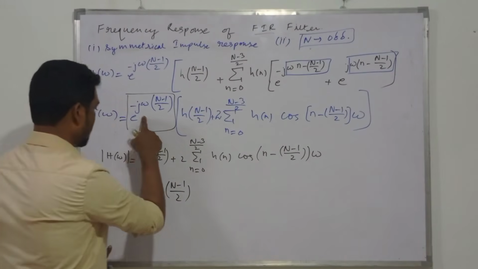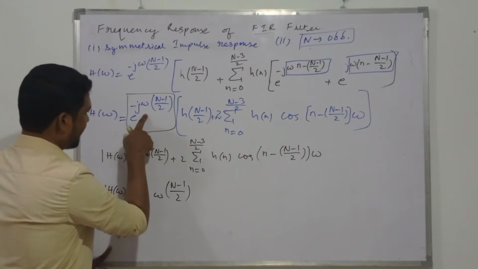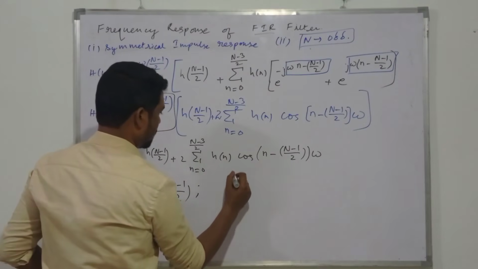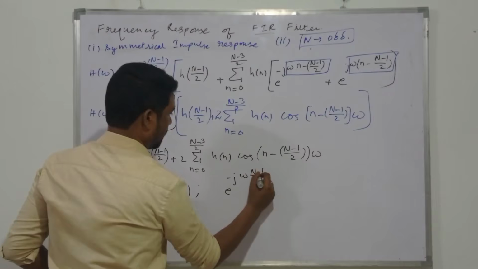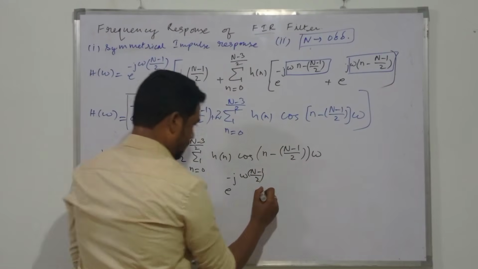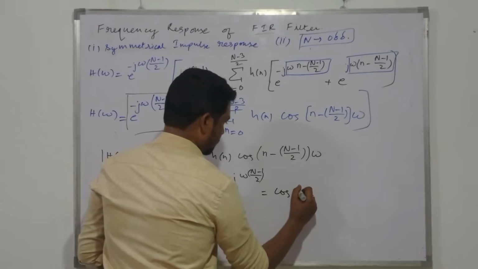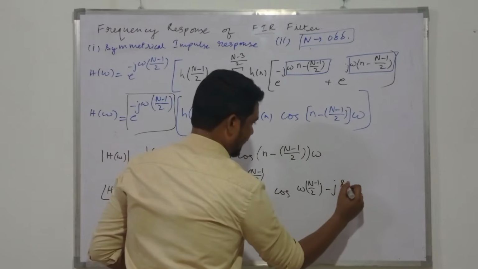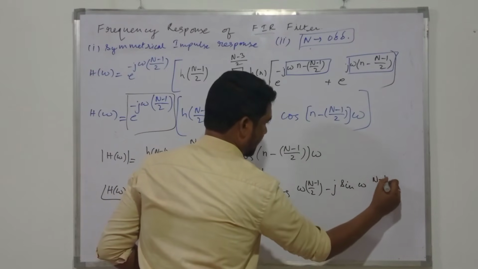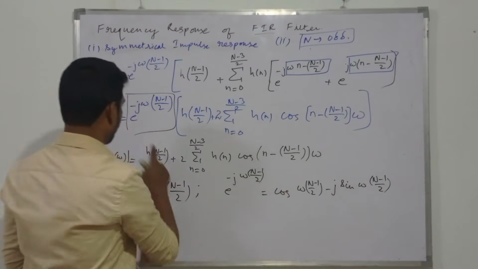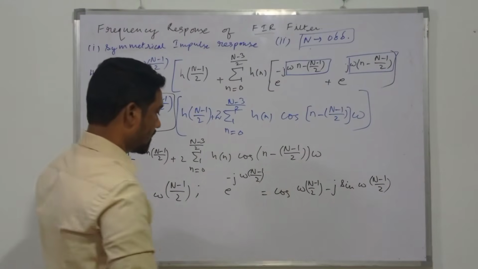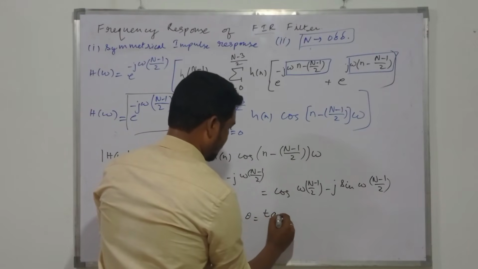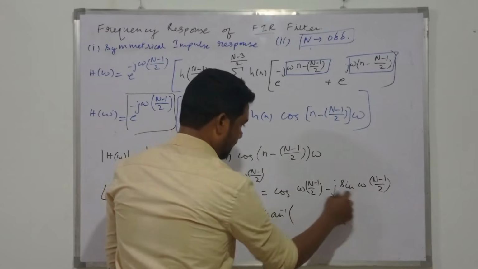Confused, guys? How could we get this? Again, splitting this using Euler's identity, what will that be? Exponential raised to minus j omega (N minus 1)/2 could be written as cos omega (N minus 1)/2 minus j sine omega (N minus 1)/2, according to Euler's identity. And theta will be equal to tan inverse of b by a, isn't it?